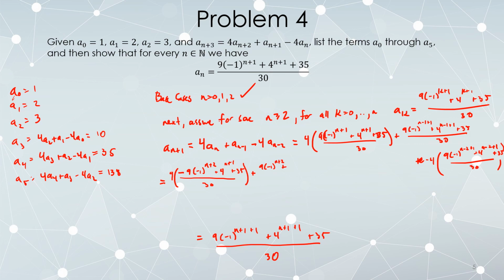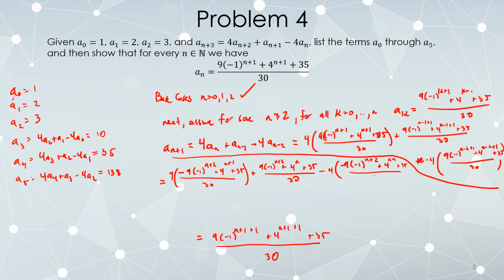I'm only dealing with my powers of minus 1 for the moment, and simplifying the other exponents that I see. Minus 4 times all of this. Now when I change this to n plus 2, I did have to adjust that to a minus. Other things don't change. This is going to be 4 to the n minus 1 plus 35 all over 30.